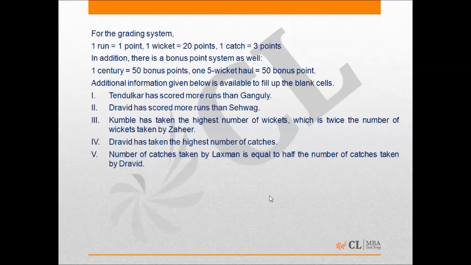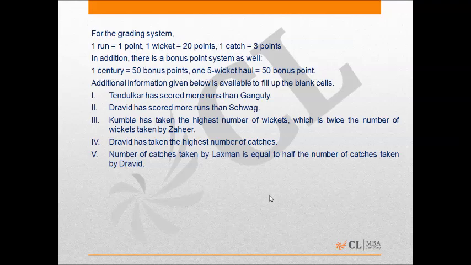It means runs scored by Tendulkar is more than that of Ganguly. Dravid has scored more runs than Sehwag, which means the number of runs scored by Dravid has to be more than Sehwag.